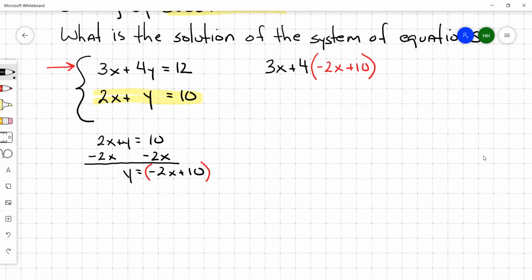And we're going to keep that top equation equal to 12. Now, by doing that substitution, in the equation all we have are x's, and you can solve and get a numeric value for x.